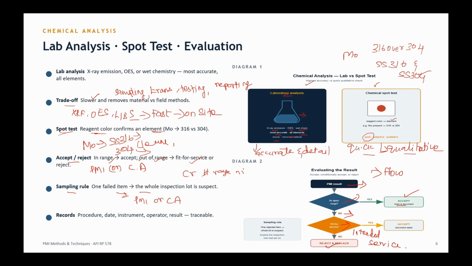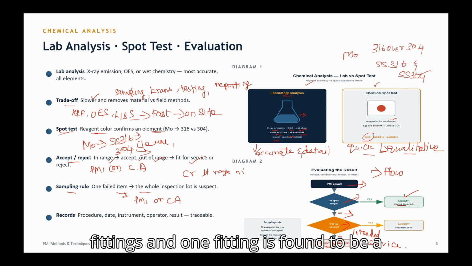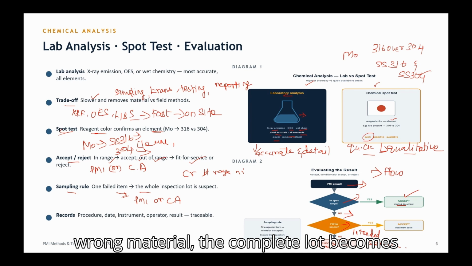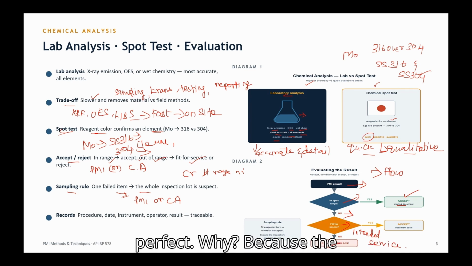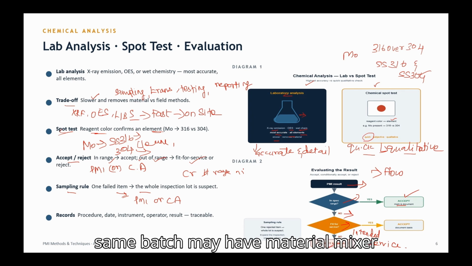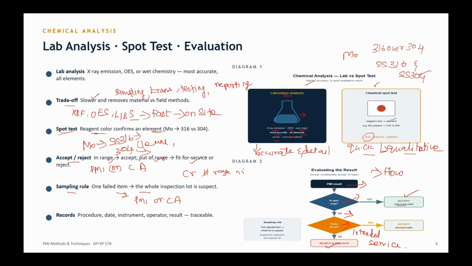For example, if a lot contains several fittings and one fitting is found to be the wrong material, the complete lot becomes suspect. Why? Because the same batch may have material mix-up, or wrong marking, or a traceability issue.